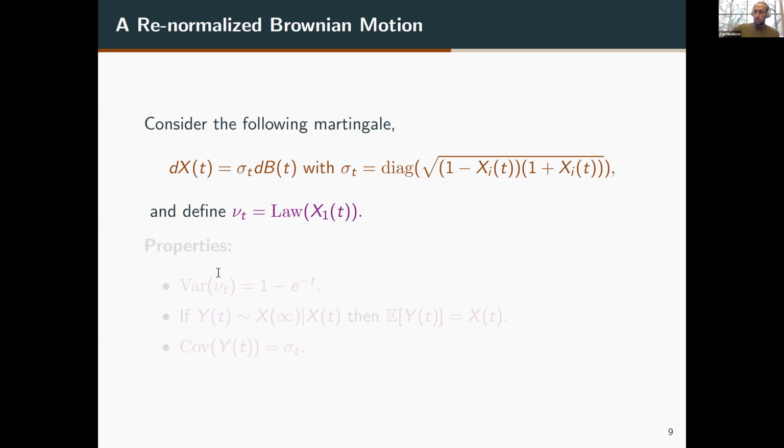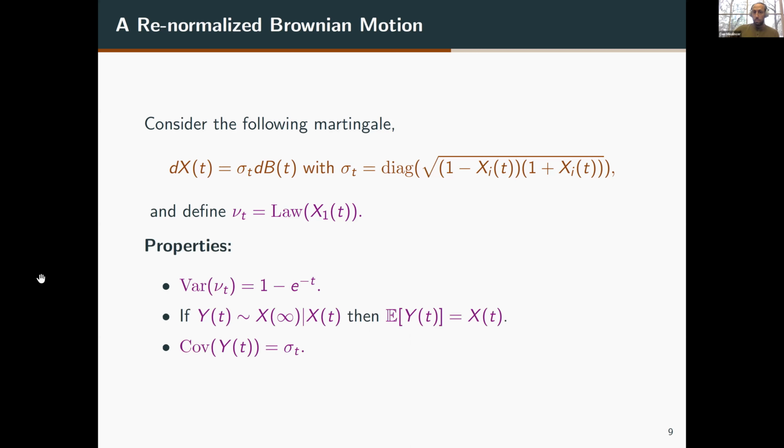So here are some basic facts. You can calculate the variance of nu t from Ito's lemma, and it turns out to equal 1 minus exponential of negative t. So you can see that at time 0, it's 0, and at time 1, it's 1, and at every intermediate time, it is some value between 0 and 1. Well, if you define y t to be the conditional measure of the endpoint with respect to the current place, then x t is just the expectation of y t, which is not surprising, right?